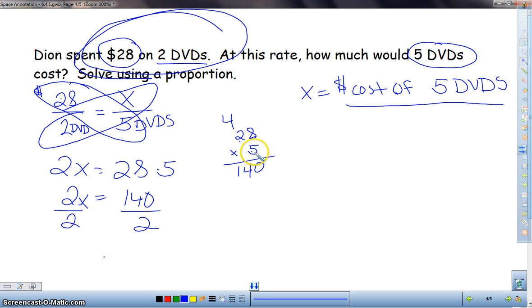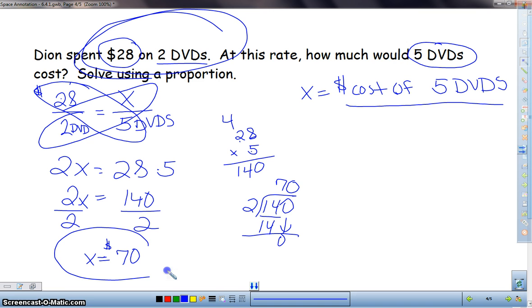So 140 divided by 2. 2 goes into 14 7 times. 2 goes into 0 zero times, so I get 70. Oh my goodness. So x equals 70. So that means that the price of 5 DVDs is $70.